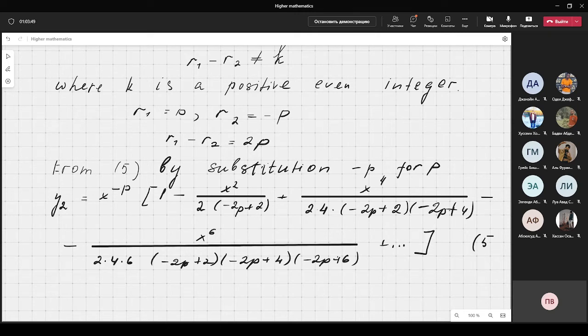Formula 5 prime. The power series 5 and 5 prime converge for all values of x. This is readily found by D'Alembert test.